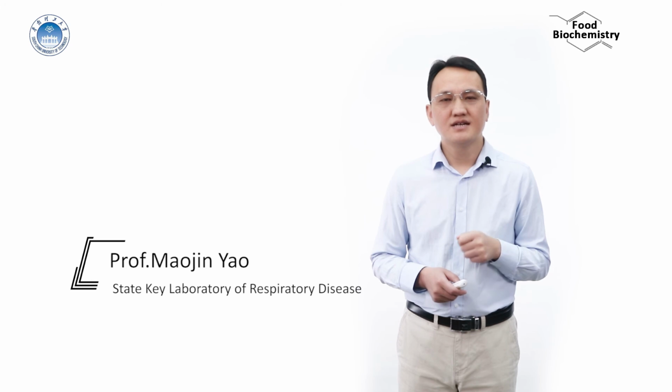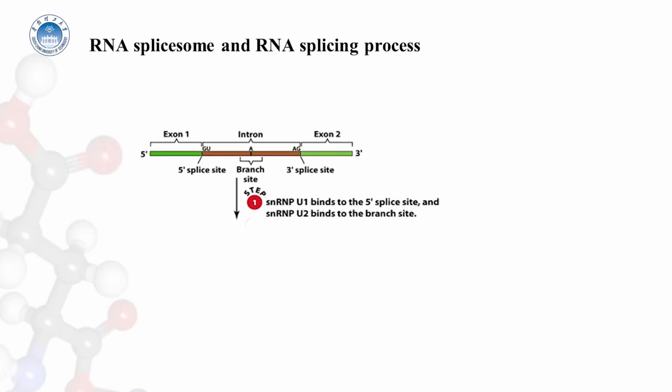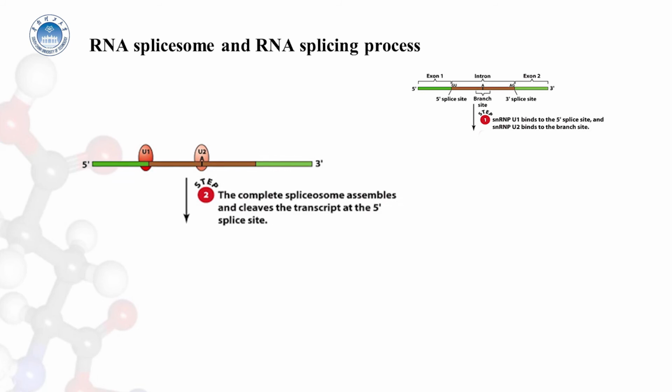Briefly, in step 1, U1 binds to the 5' splice site and U2 binds to the branch site. In step 2, the spliceosome is assembled and starts to cleave the transcript at the 5' splice site.